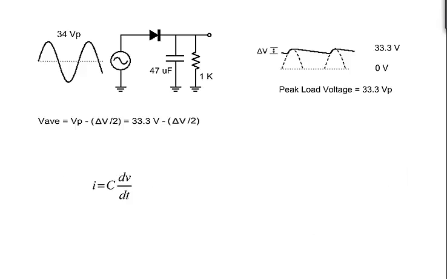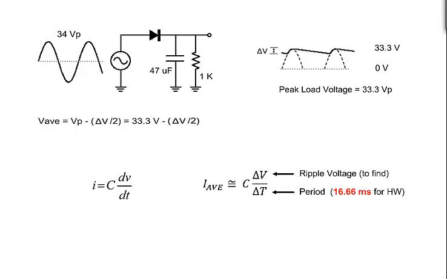Recall the equation for current in a capacitor. We can approximate it using algebra. In this approximation, delta V, the ripple voltage, is what we must find. Delta T is the period of the output voltage, which we already know.